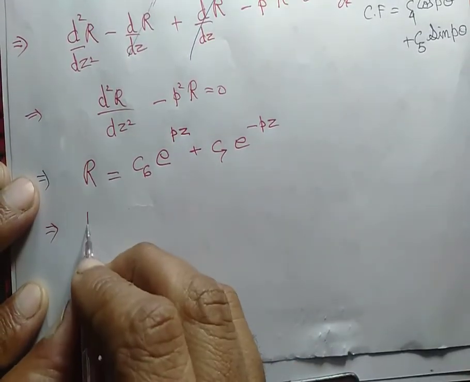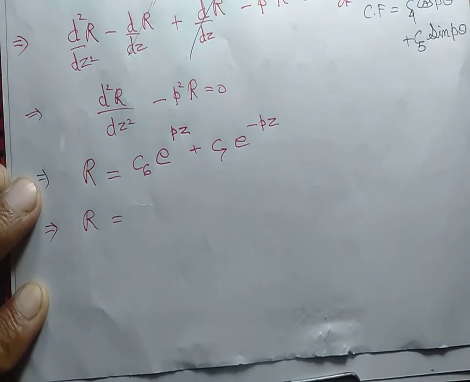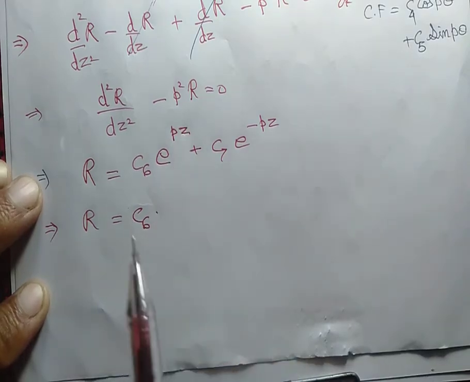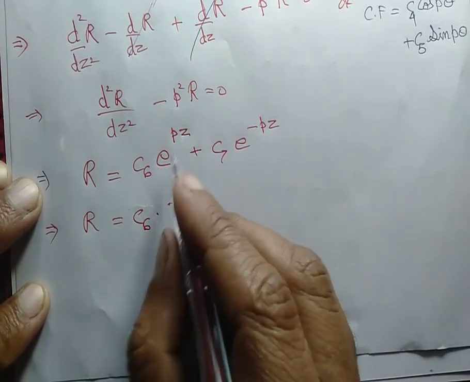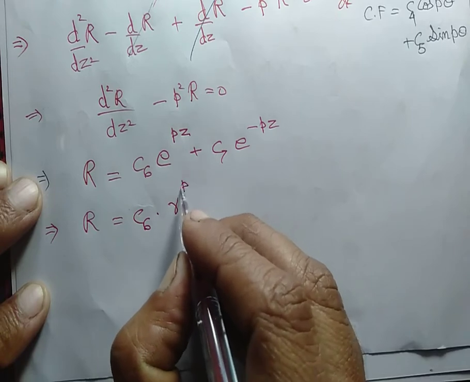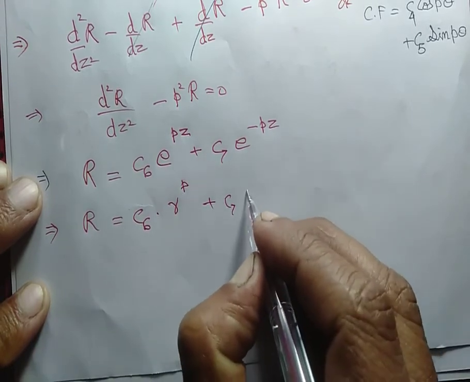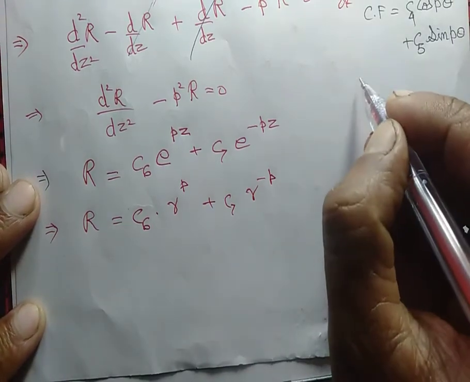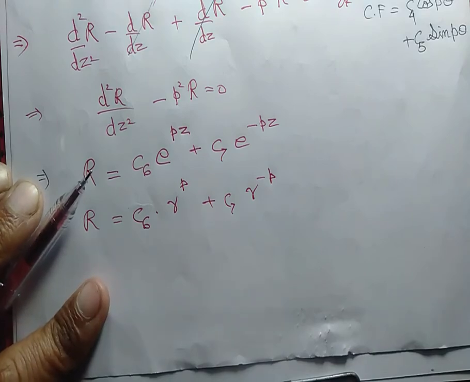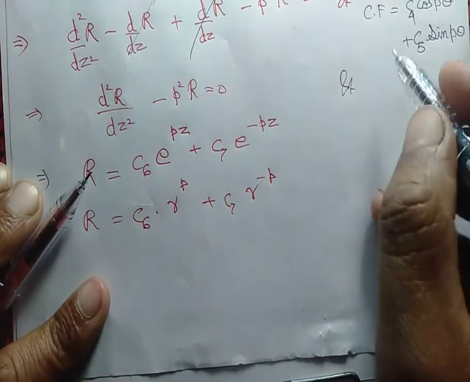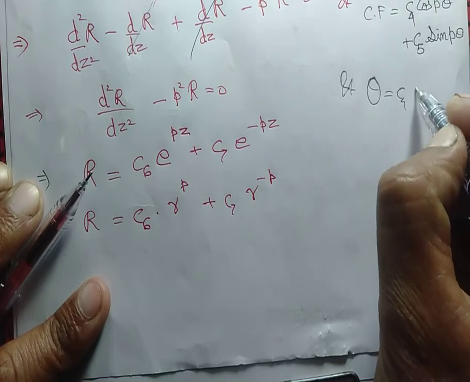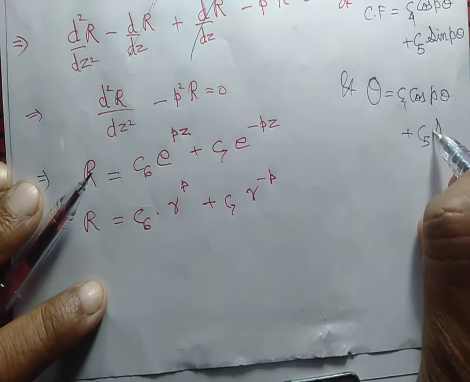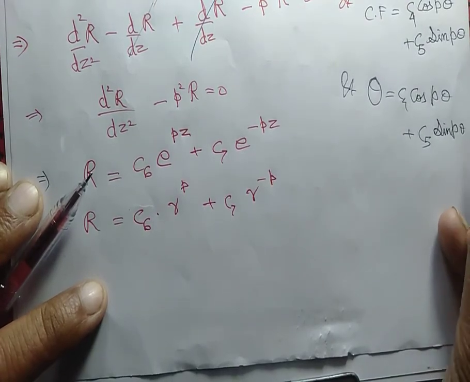And so r equal to c6 e to the power z is just r, so r to the power p plus c7 r to the power minus p. And what about the other side? Other side we have theta equal to c4 cos p theta plus c5 sin p theta.